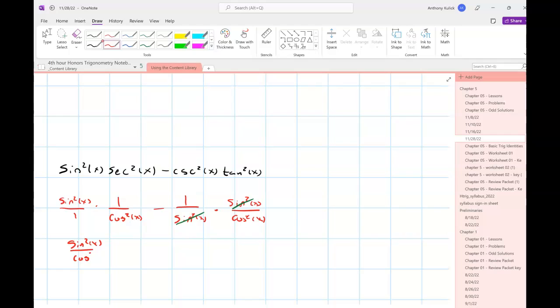So what do we have now? Sine squared over cosine squared minus 1 over cosine. Don't forget the 1. Lots of people would reduce something from the numerator and just write cosine there, not 1 over cosine. That's a problem. As an aside, I saw lots and lots of people not writing their variables.